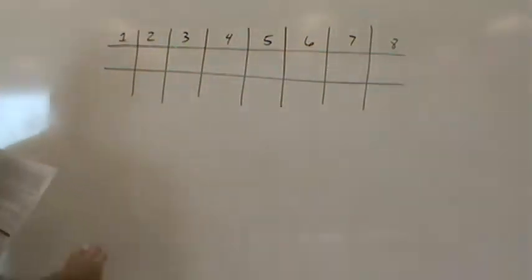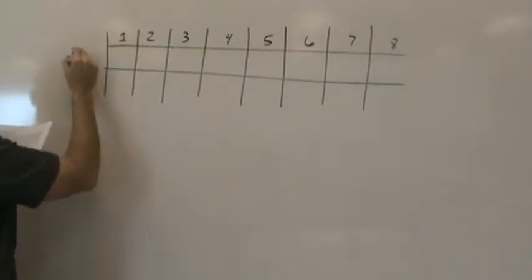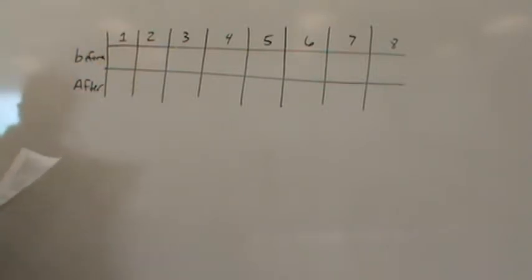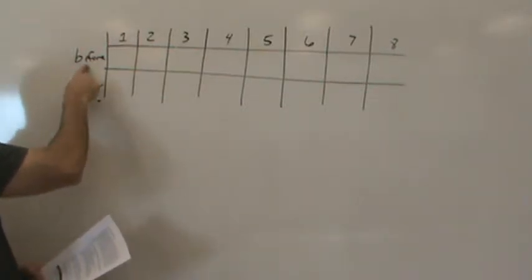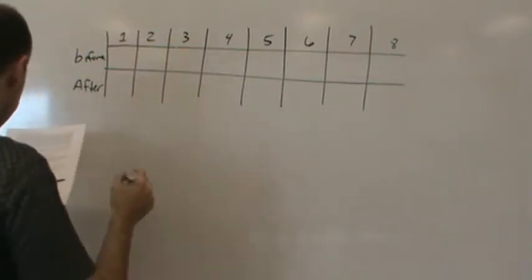So here's before and after. So these are going to be the lower scores represent lower pain. Higher scores mean they felt more pain. So this is before the hypnotism. This is after the hypnotism. So we're looking for a decrease in the pain level that they feel. Okay? So keep that in mind. So now, here are the numbers.